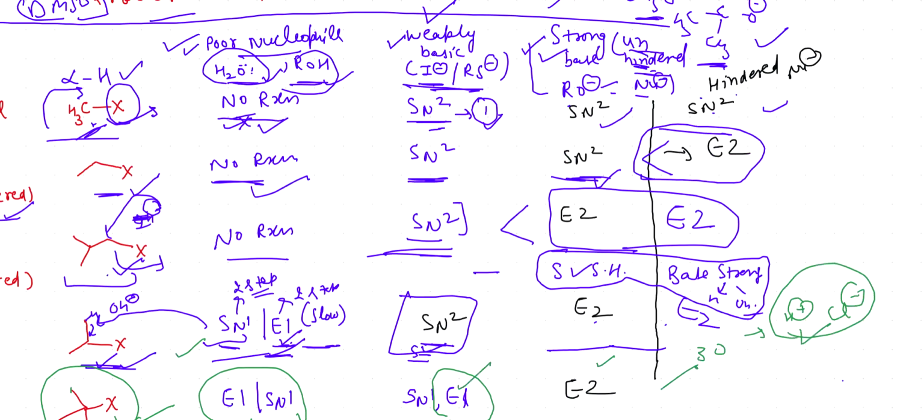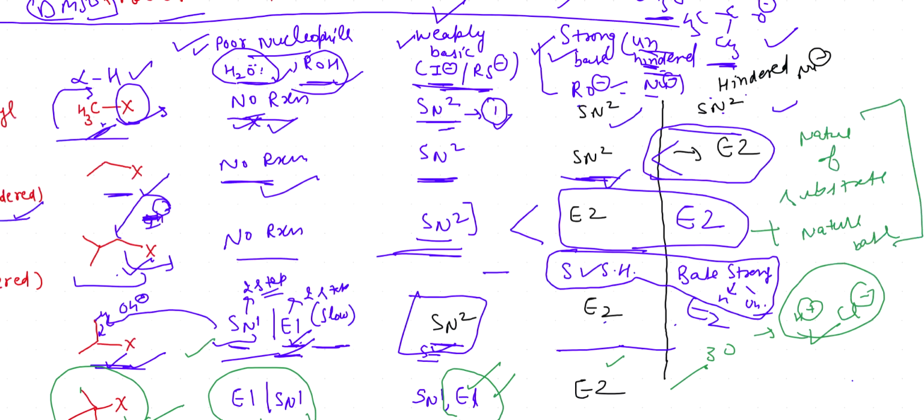So this is the summary regarding the nature of substrate, as well as the nature of base. Clear? So here it is covering two factors and comparing SN1, SN2, E1 and E2 mechanisms.